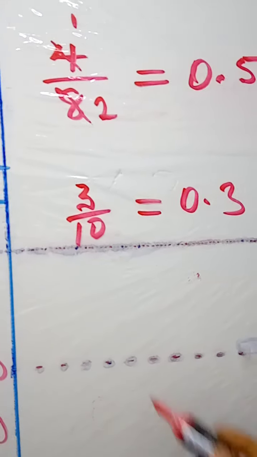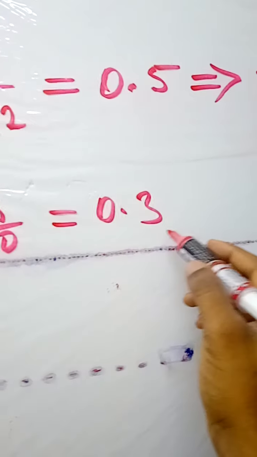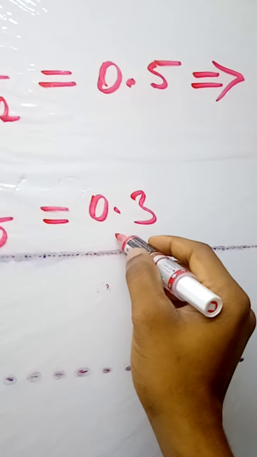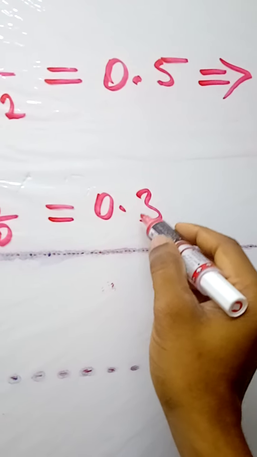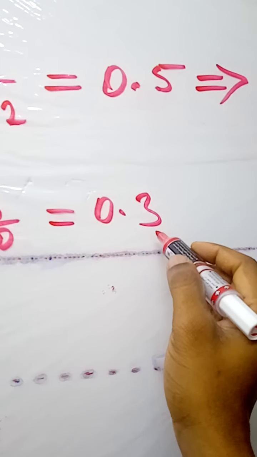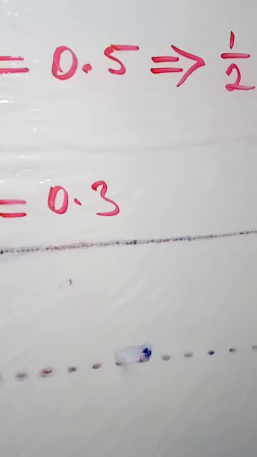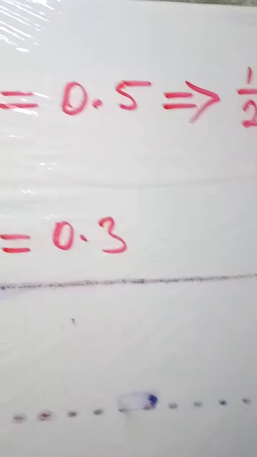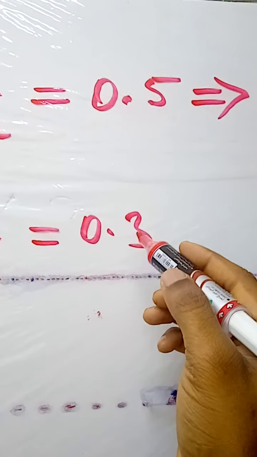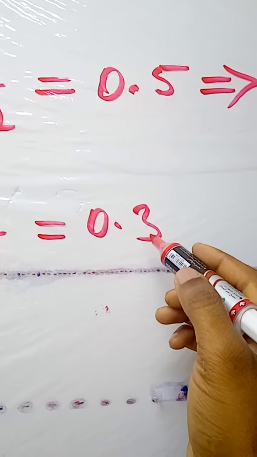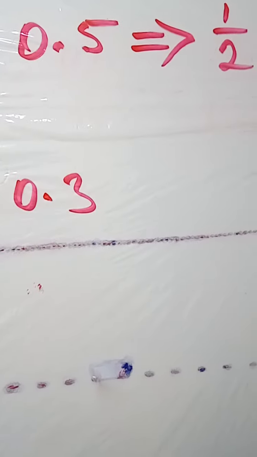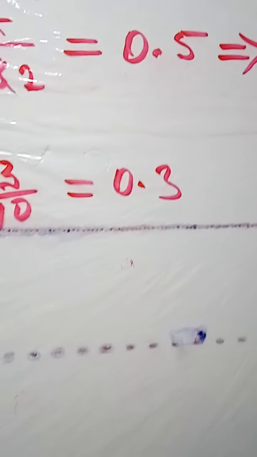As I told you, when you have a decimal like this, pick the digit because it is one digit, and make it over 10. If we have two digits, make it over 100. So this is in the tenths place. Because it is in the tenths place, this is 3 over 10. So that is the second cloud.